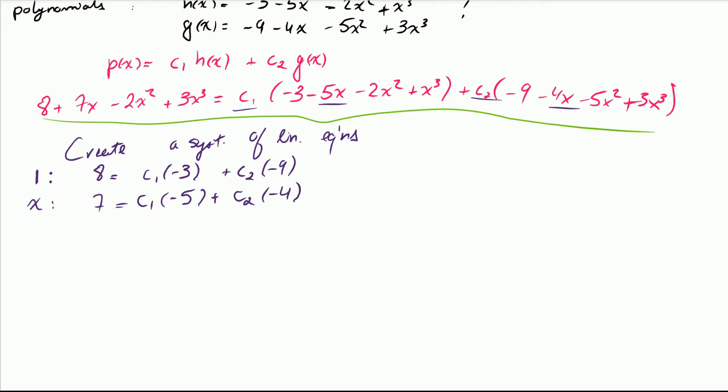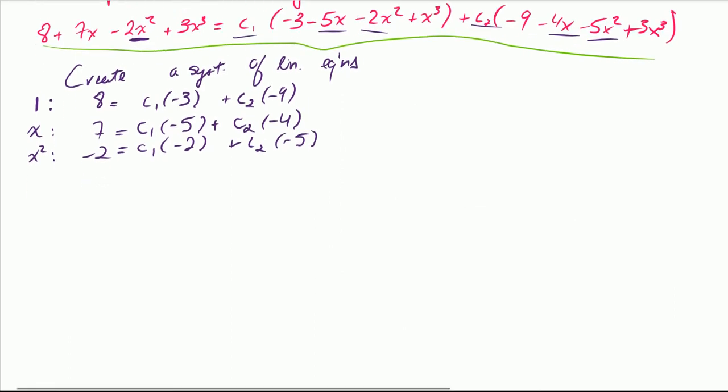And then similarly for x squared, my x squared here has a coefficient of minus 2. So minus 2 is equal to, and now I have minus 2x squared and minus 5x squared, so c1 times minus 2 plus c2 times minus 5.